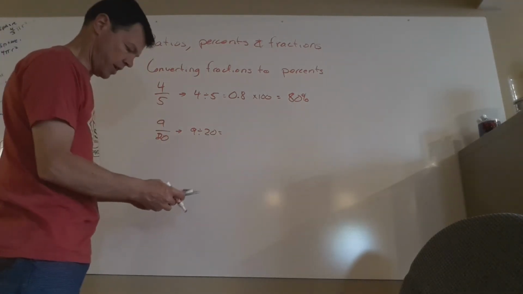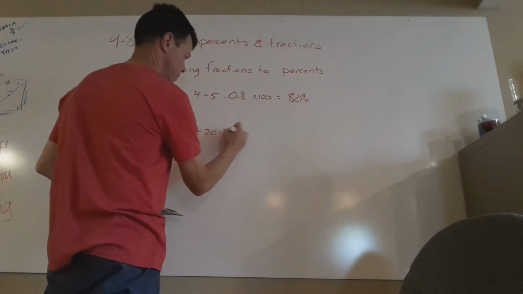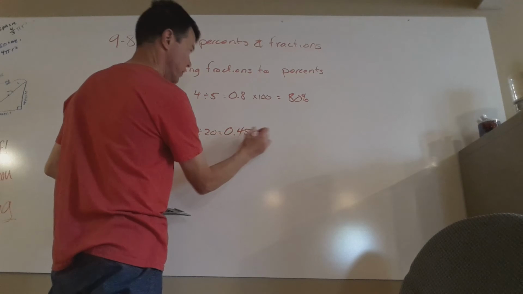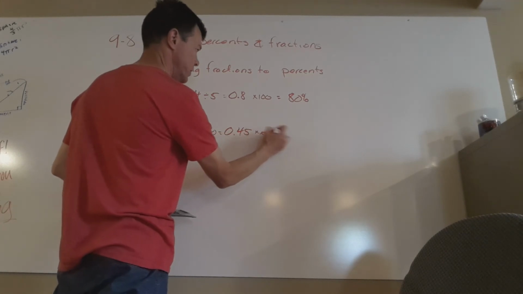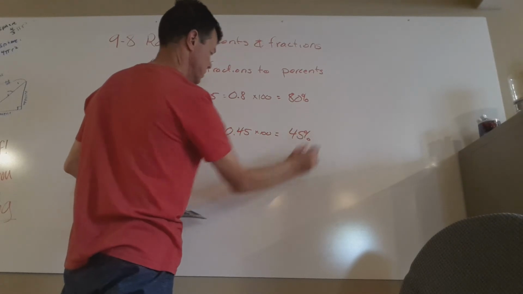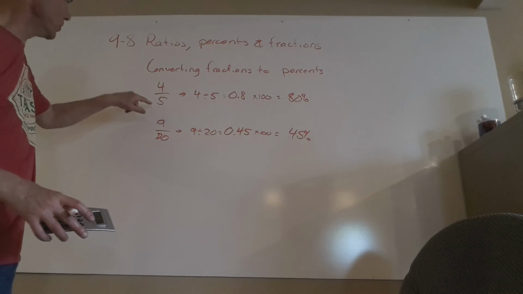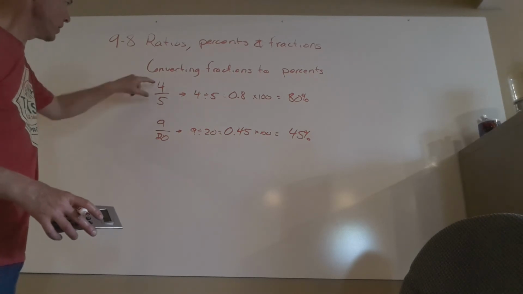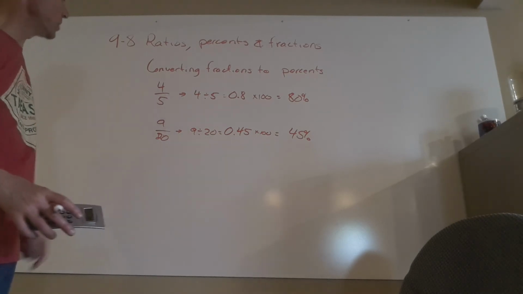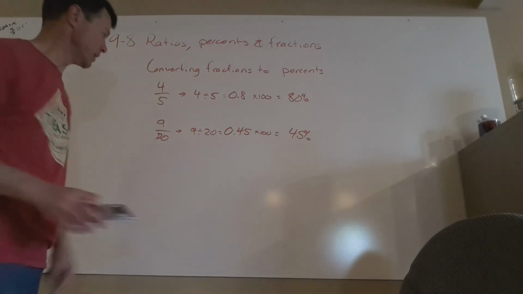Use your calculator, 9 divided by 20. 0.45 times 100 is 45%. So what you do is top divided by bottom. Don't do bottom divided by top, that's not the right order. Top divided by bottom times 100. Top divided by bottom times 100.